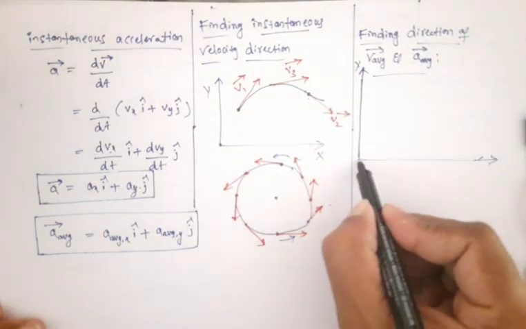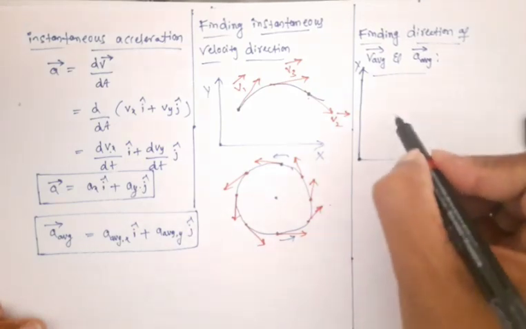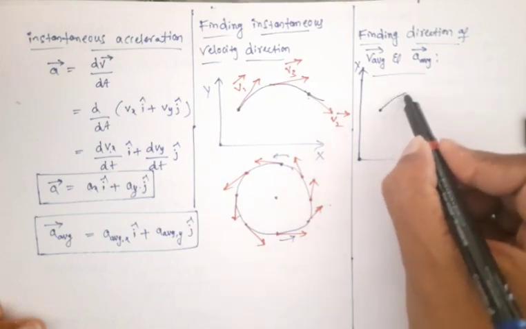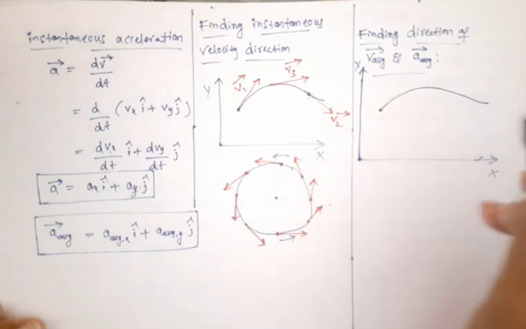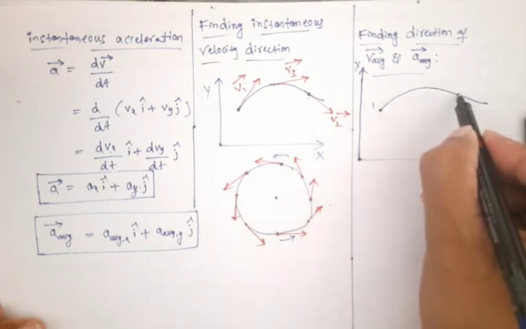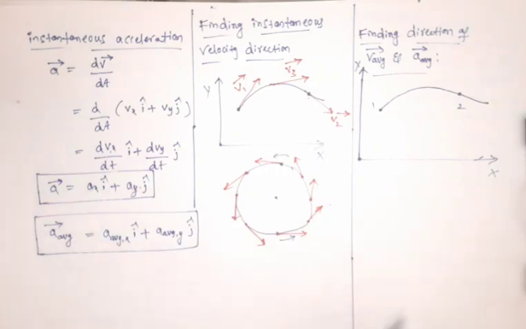We are standing here, our frame of reference, and this is the plus x-axis, and a particle is starting here, and let's say it is moving like this. Say point 1 and say point 2. Now I want to know the average velocity vector here and the instantaneous velocity vector here.